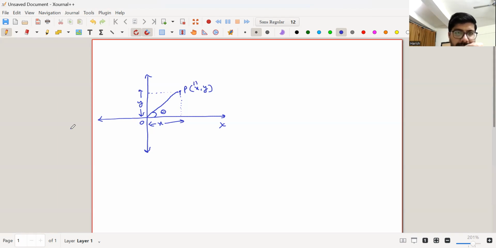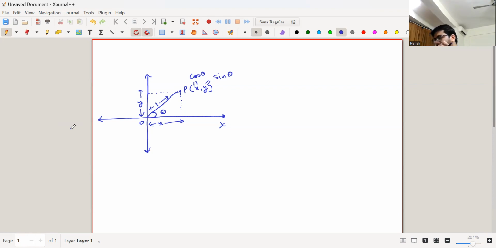Let's say this is of unit length, so x will be cos theta, and y is sin theta.